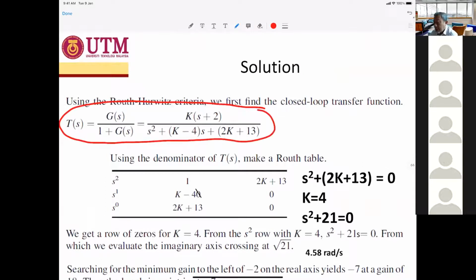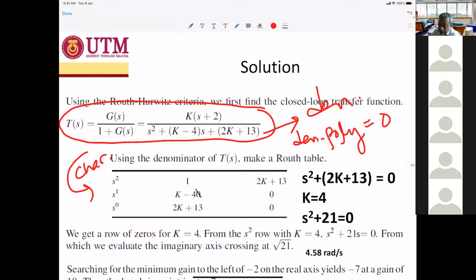From the closed loop transfer function, the denominator is our concern, where the polynomial must equal 0, which gives you the characteristic equation: s squared plus (K minus 4) s plus (2K plus 13). These are the coefficients 1, K minus 4, and 2K plus 13.